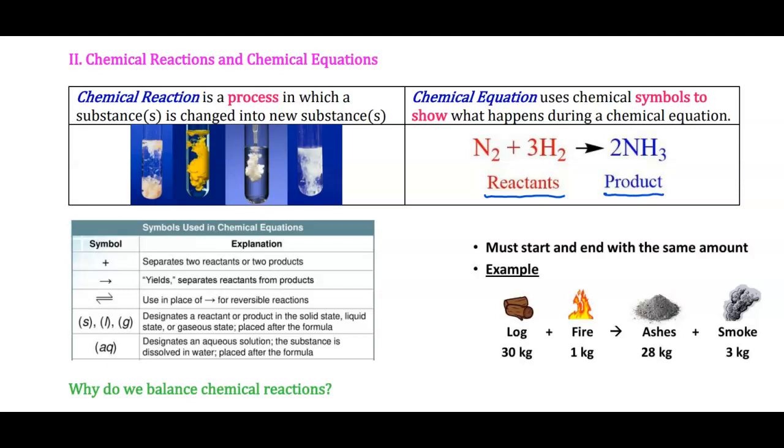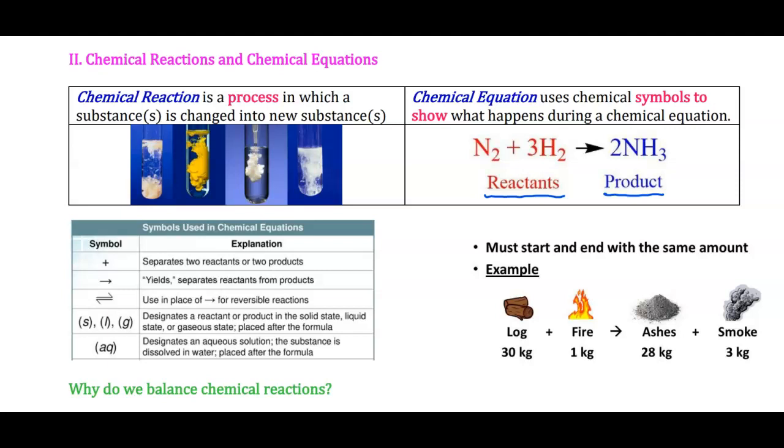So we can tell what is happening in our chemical reaction by words, like for this one. Nitrogen reacts with hydrogen and ammonia is being formed, right?